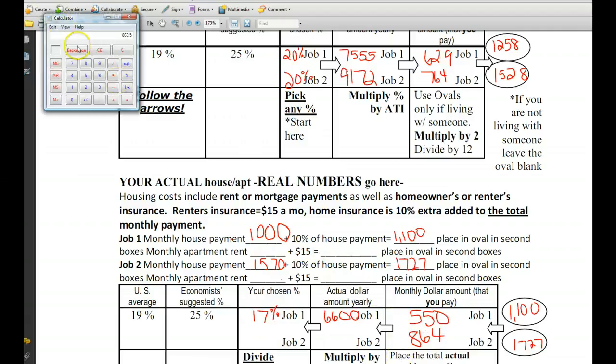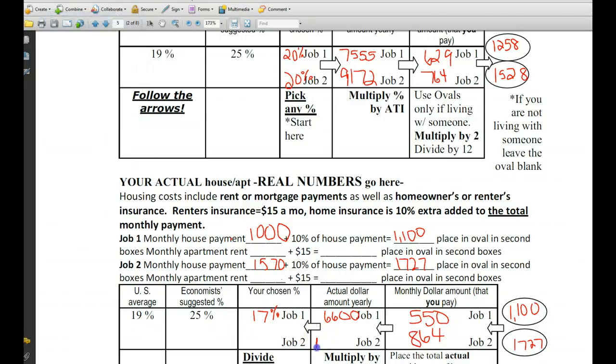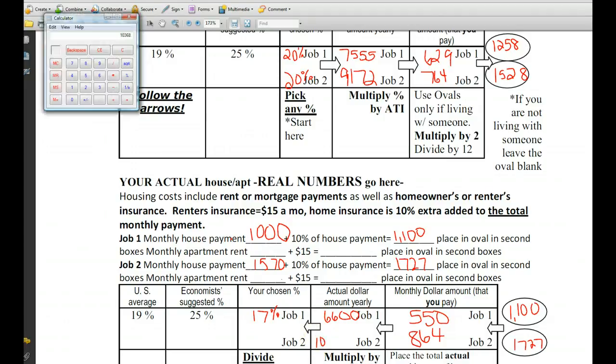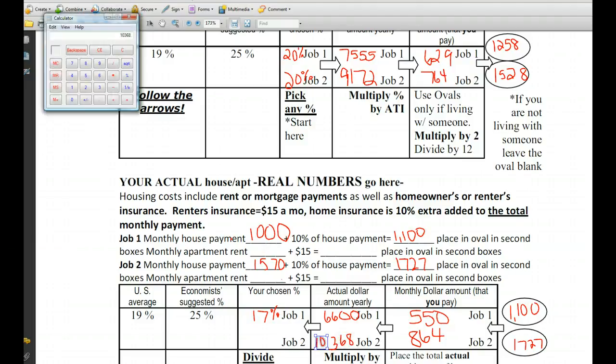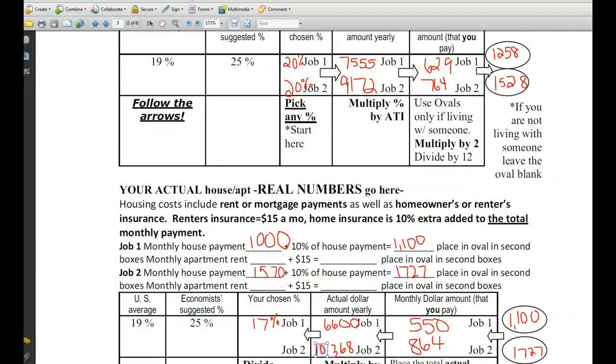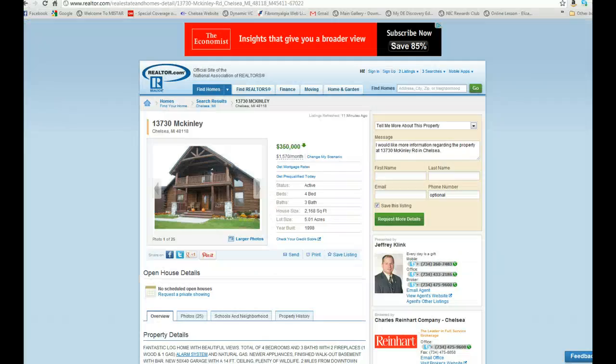I multiply 864 times 12, which is 10,368. Now I'm going to take that 10,368 and divide it by the ATI.